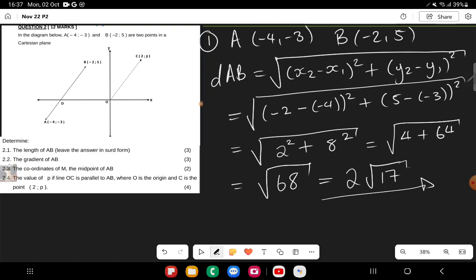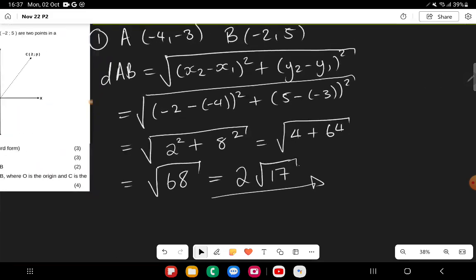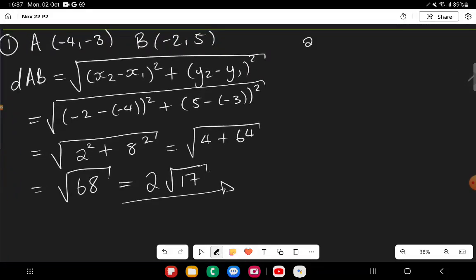Question number 2 says, what's the gradient of AB? Okay, so again, question number 2, I am wanting M. M is equal to y2 minus y1 over x2 minus x1.